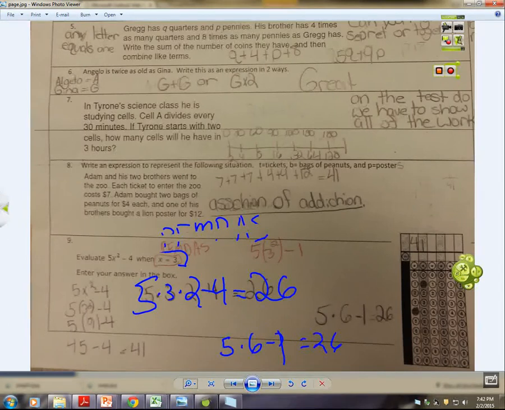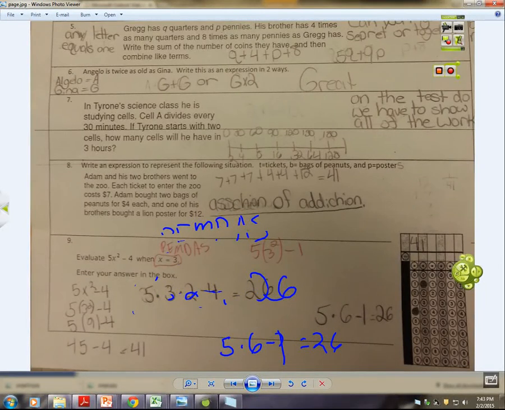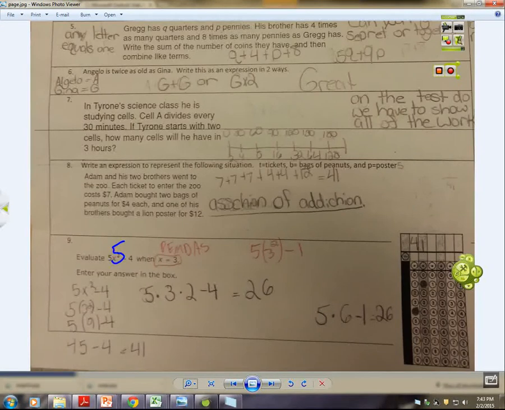When I see x squared and I see this, right here. Okay. So x squared is 9. Do 5x squared and then minus 4.